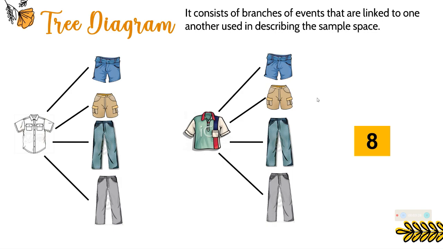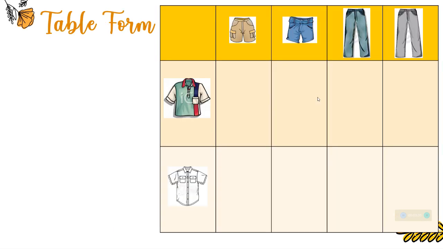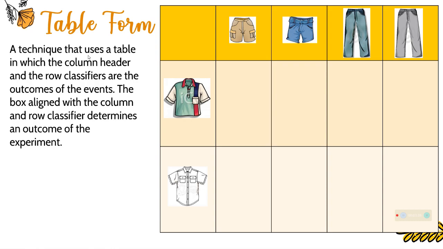Another way is by using the table form. Table form is a technique that uses a table in which the column header and the row classifiers are the outcomes of the events. The box aligned with the column and row classifier determines an outcome of the experiment.